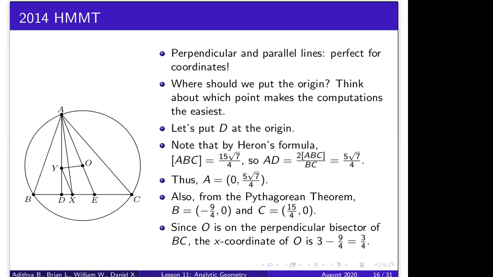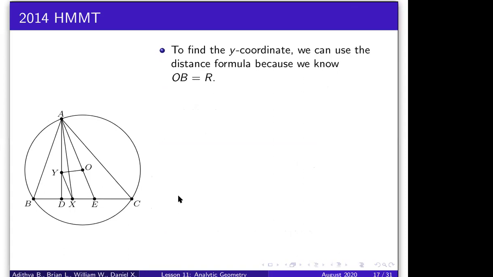So how would we find the y coordinate of O? Yep, so to find the y coordinate, we can just use the distance formula between O and B, because the distance between O and B is the circumradius R, and we can find R with the formula ABC over 4 times the area.